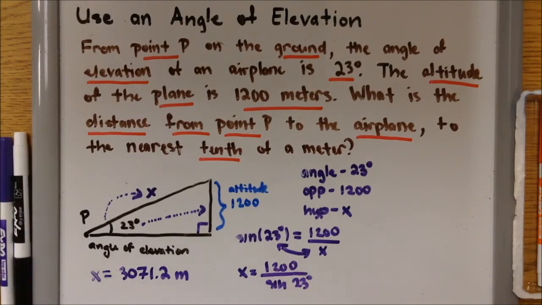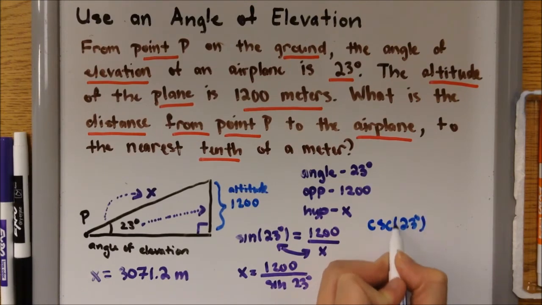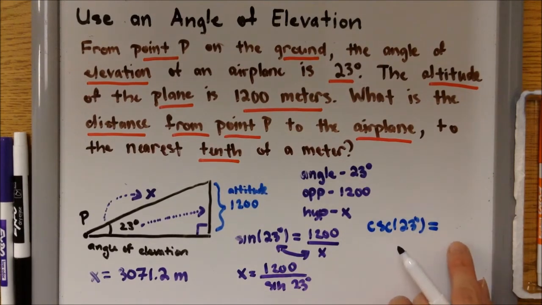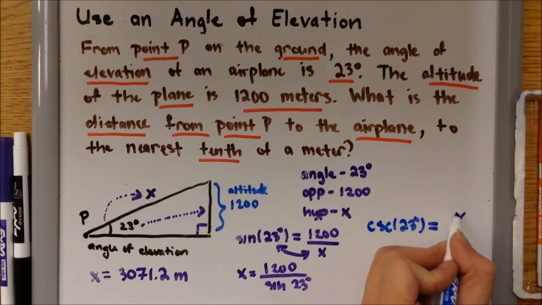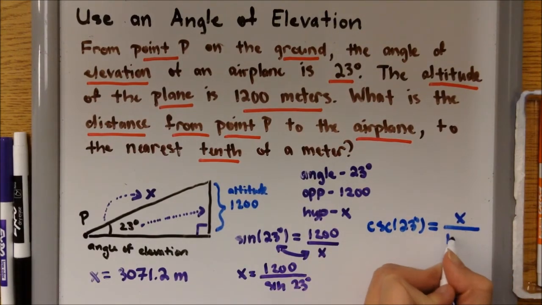I could also use the cosecant function. Now cosecant is going to be the flip. So cosecant of 23 degrees equals, for cosecant, my numerator will be the hypotenuse, so that's x, and my denominator is the opposite, which is 1200.